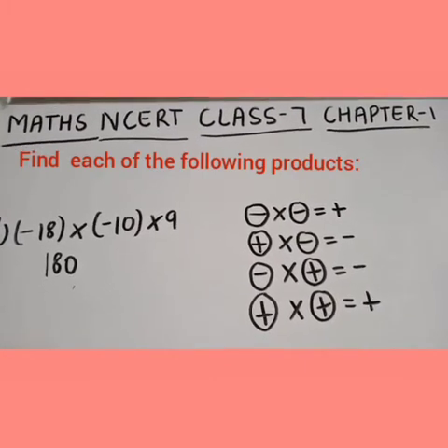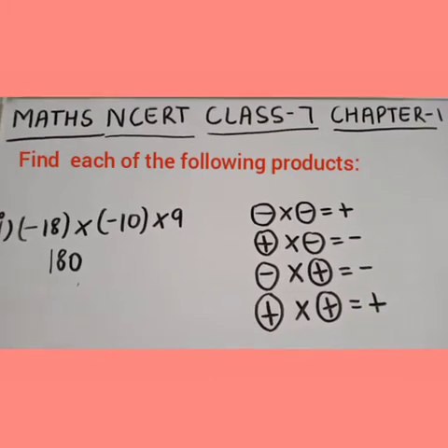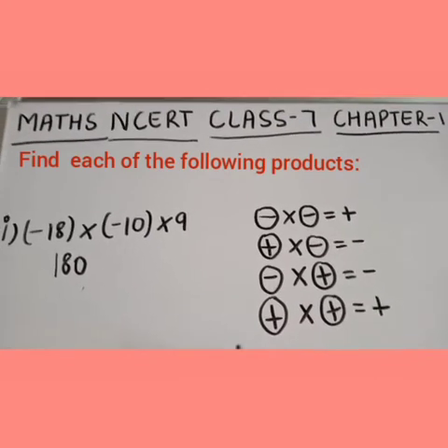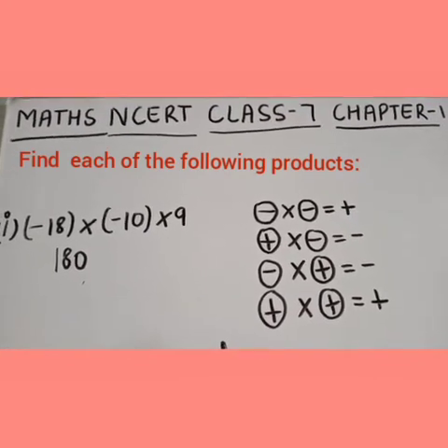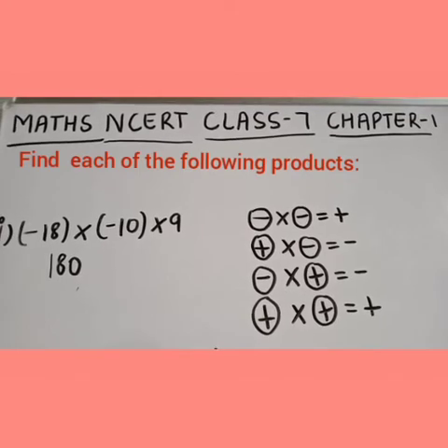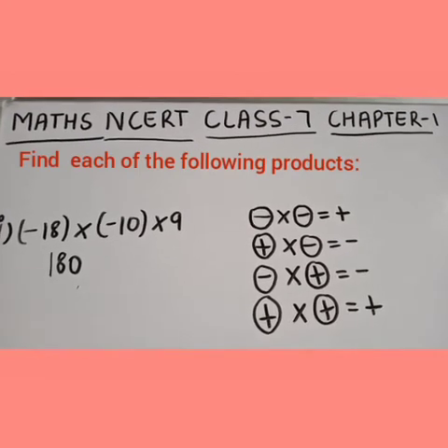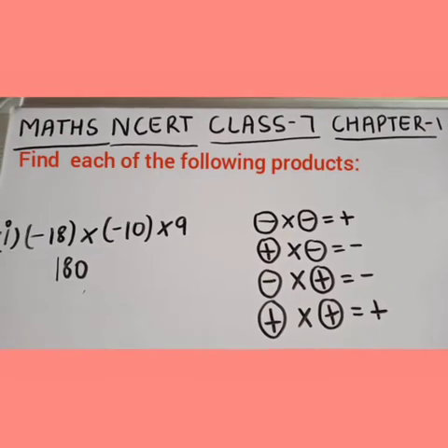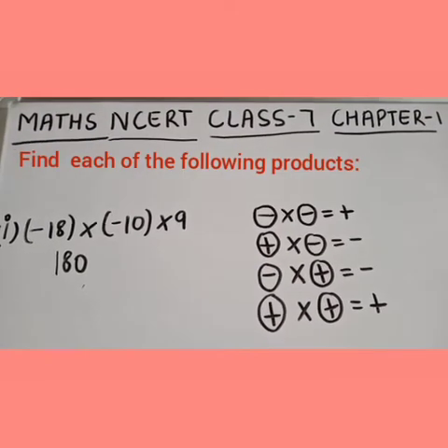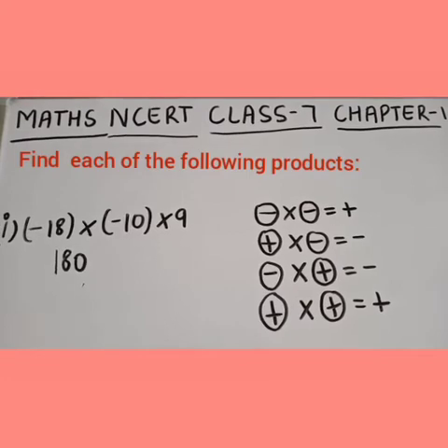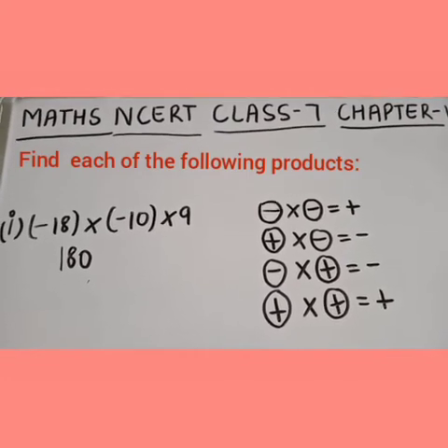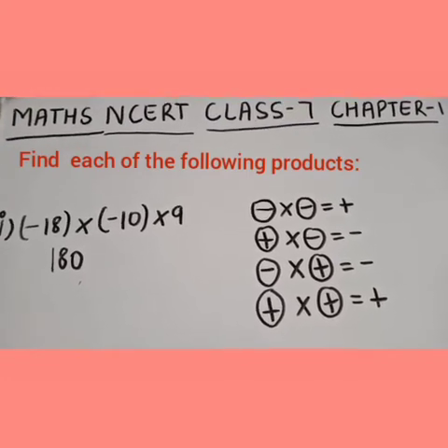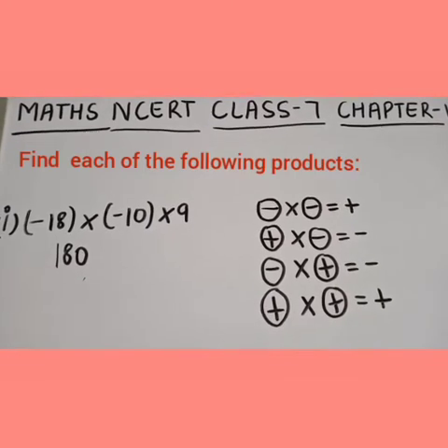And also friends, I suppose you would know that a positive number is one that has a plus sign in front of it or has no sign in front of it. And a negative number is the number which has a minus sign in front of it.